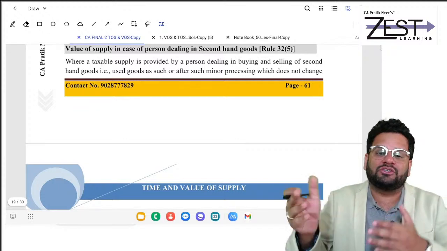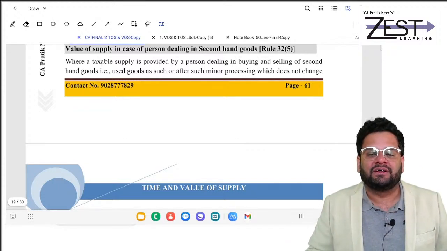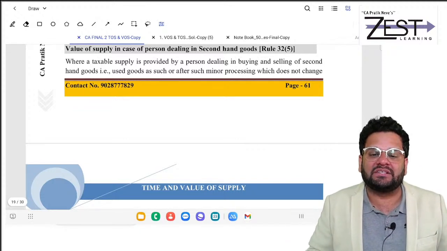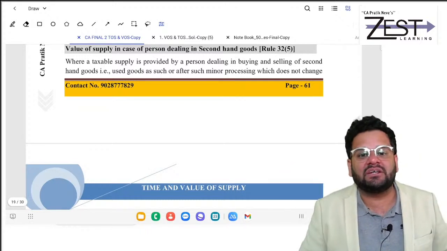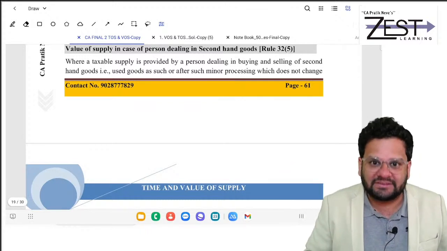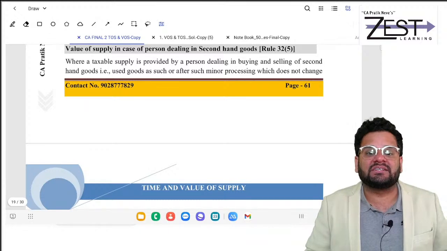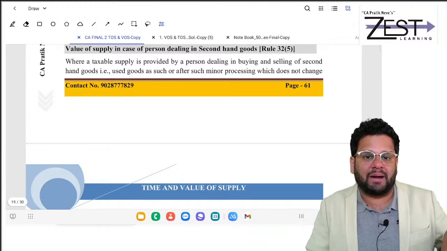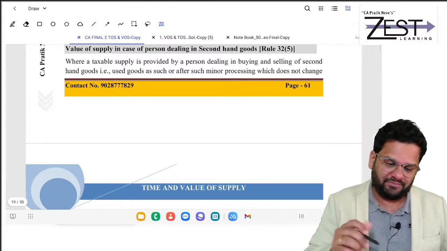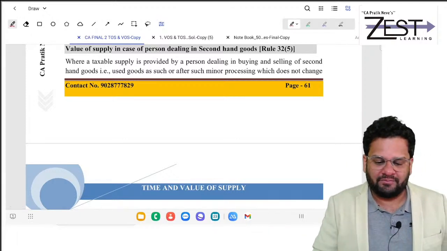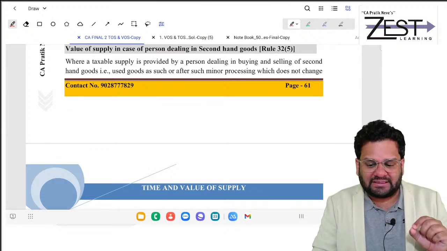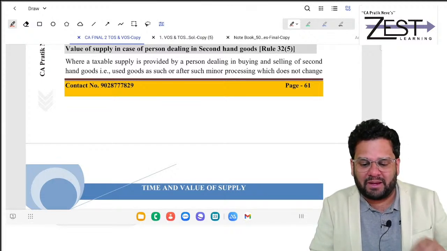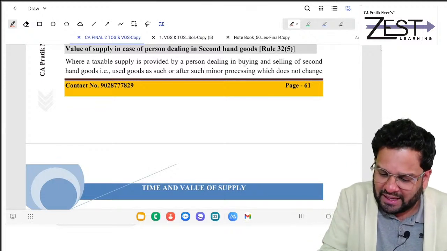If I am buying goods from an unregistered person, there is no question of any ITC because he has not charged any output tax. So in such cases, accessible value is simple: selling price minus buying price.